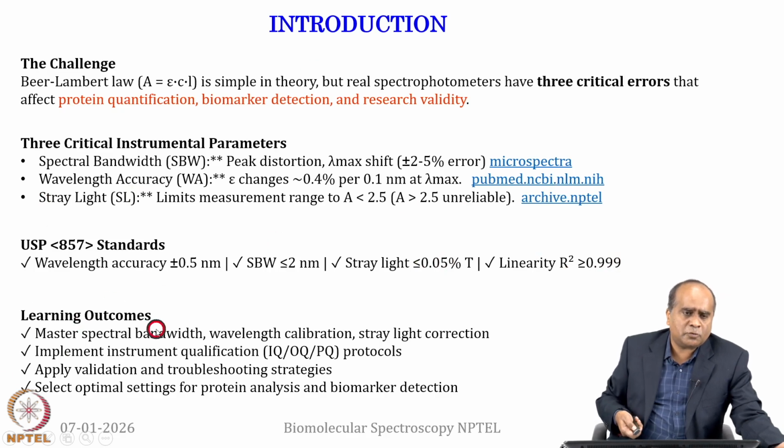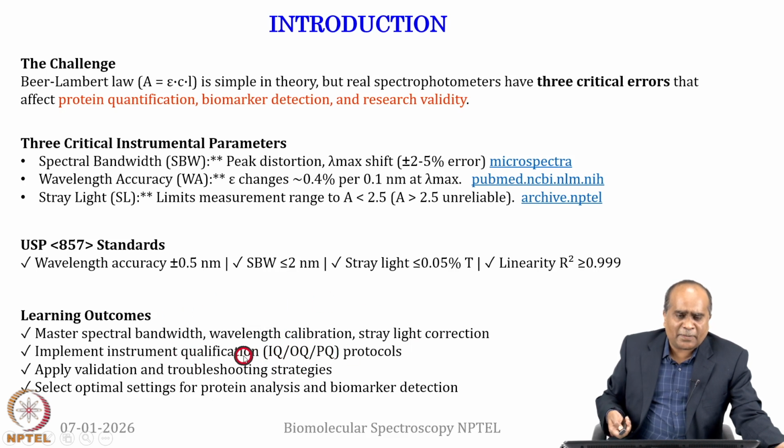What we are going to learn today is how to master spectral bandwidth, wavelength calibration and stray light correction. When you get your instrument, you need to do some qualification of the instrument, which is called IQ, OQ and PQ: installation qualification, operational qualification and performance qualification.